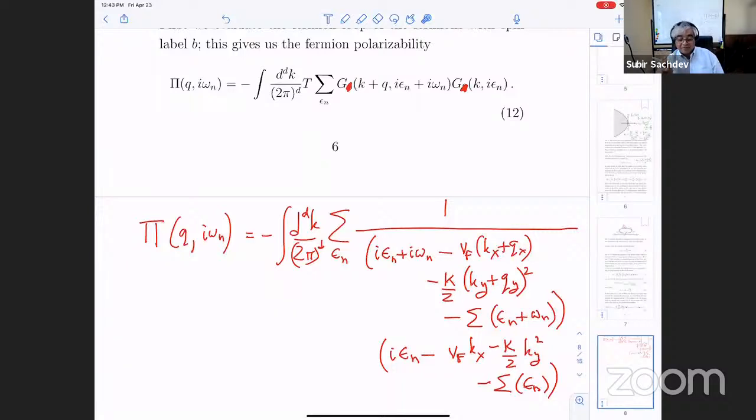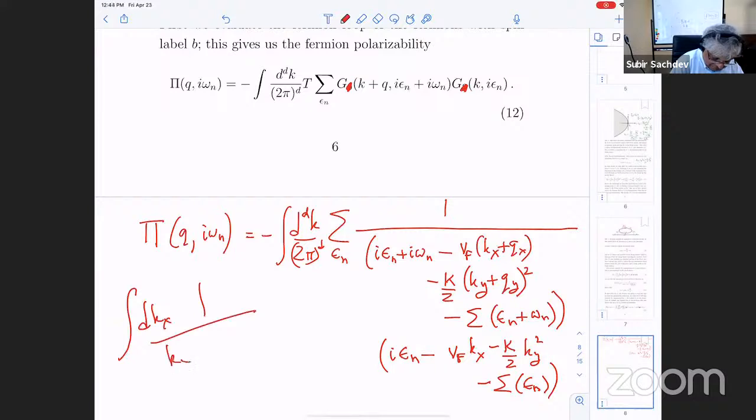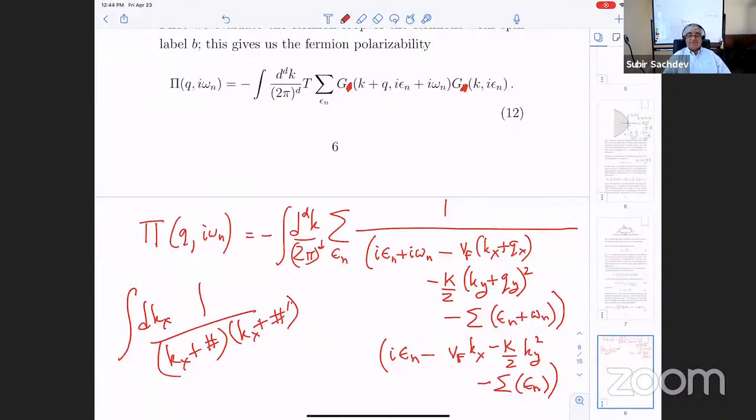I'm going to reverse the order because life is very complicated for many things here, but it's extremely simple as a function of kx. There's a linear function of kx here, and there's a linear function of kx here. So basically, as far as kx is concerned, I just have an integral dkx over 1 over kx plus some number and kx plus another number. And those types of integrals I know how to do.